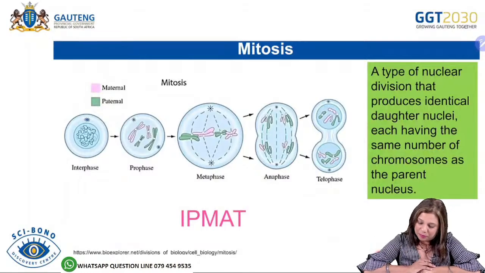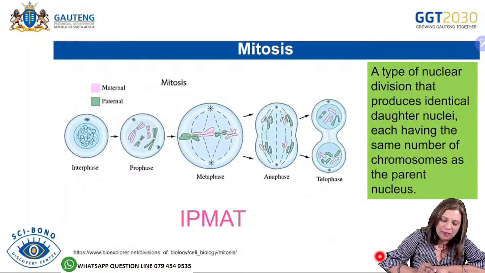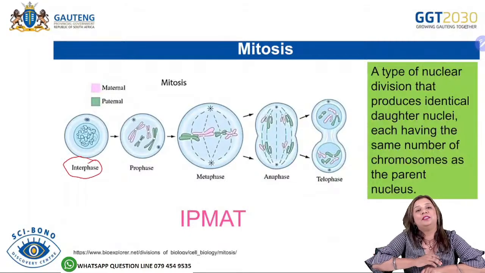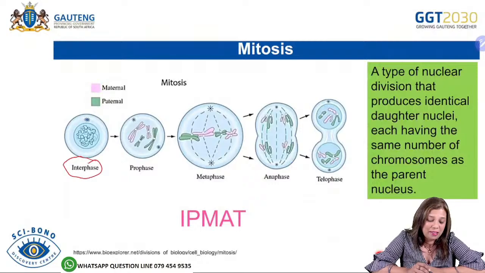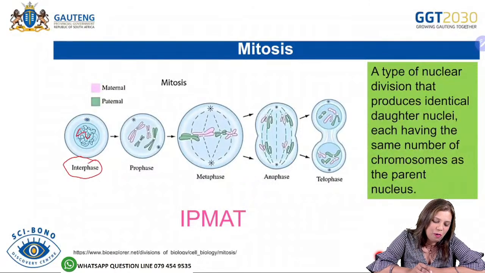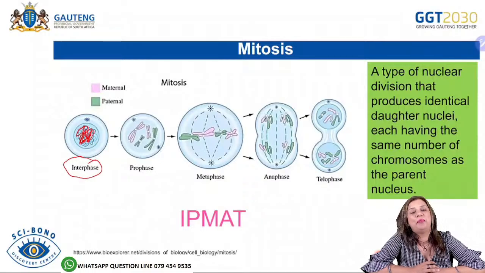So let's start. Let's talk about interphase. We know that interphase is not part of the cell division process, but it is a very important process. As you can see in the diagram, there is a whole bunch of chromatin network there. And what is happening there? We know what's happening there. We've just come out of that section.